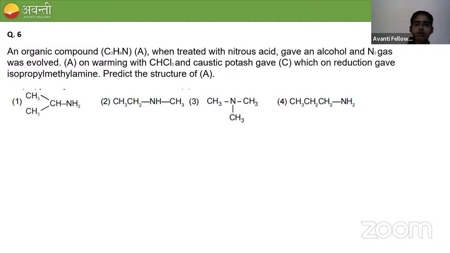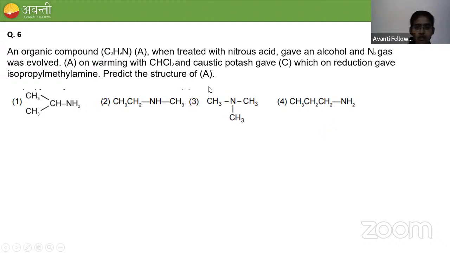An organic compound C3H9N, that is compound A, when treated with nitrous acid, gave an alcohol and N2 gas was evolved. And then compound A on warming with CHCl3 and caustic potash gave C, which on reduction gave isopropyl methylamine.